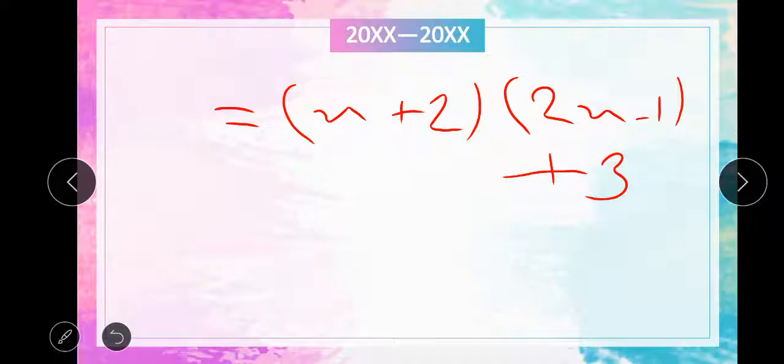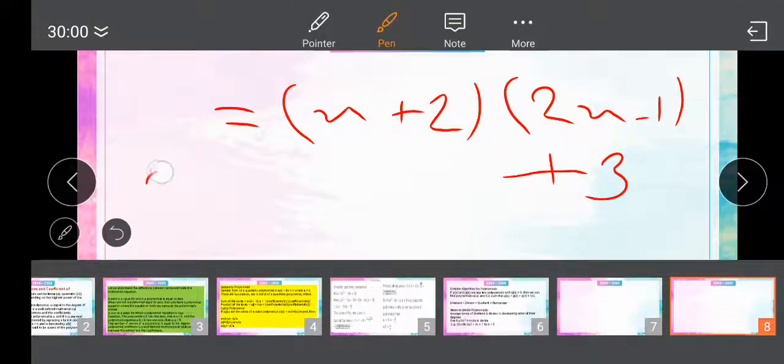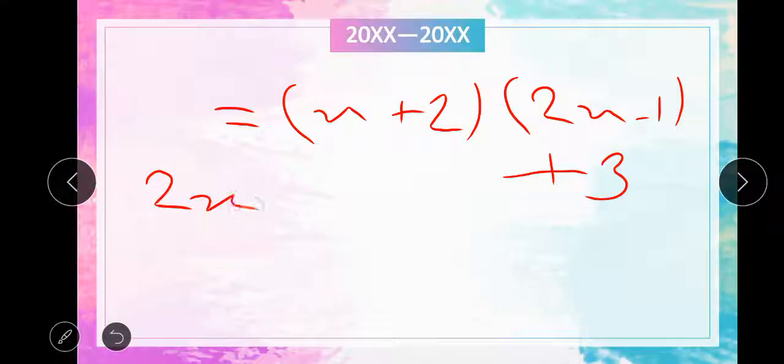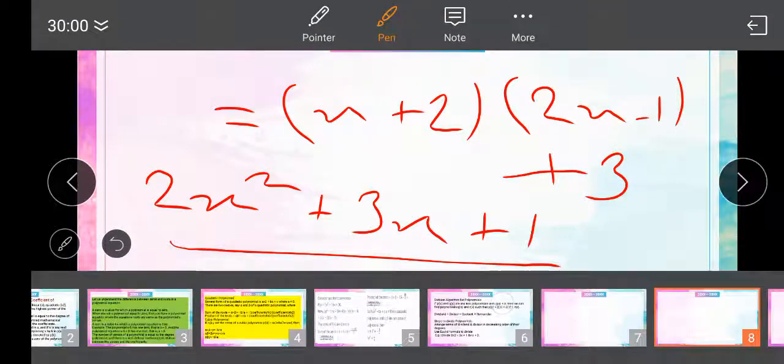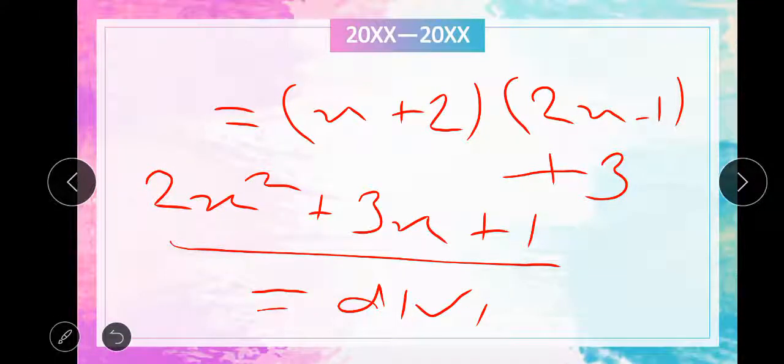After multiplying, you will get the result as 2x square plus 3x plus 1, which is the dividend. That verifies our algorithm.